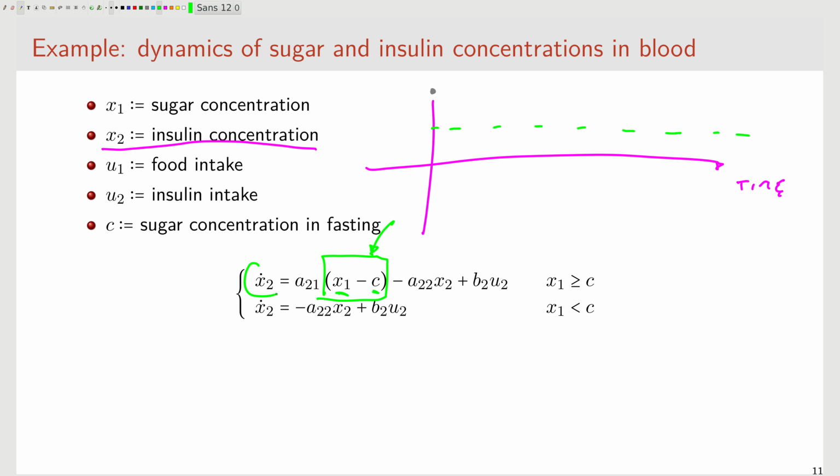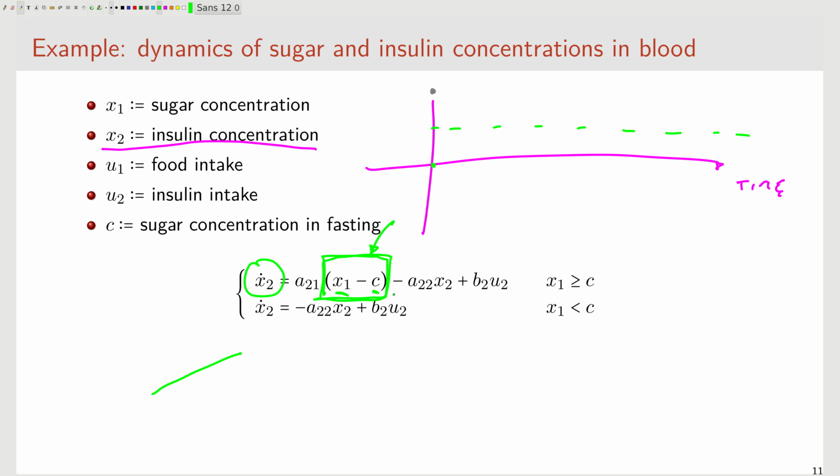So the time derivative, the slope of x2 at time 0, is first of all positive, and the bigger this distance is, the more positive it is.